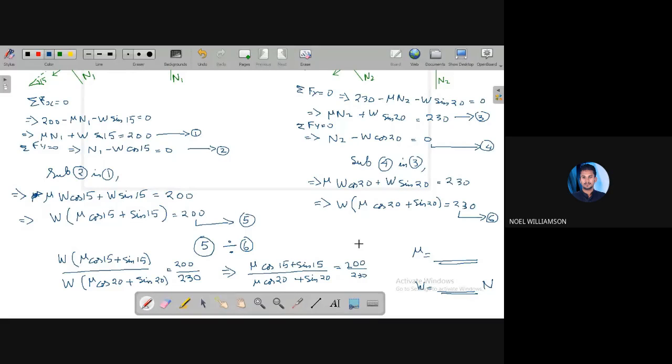Okay, you have to get the value as around 0.26.